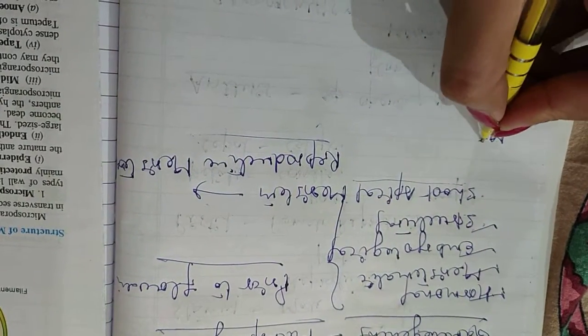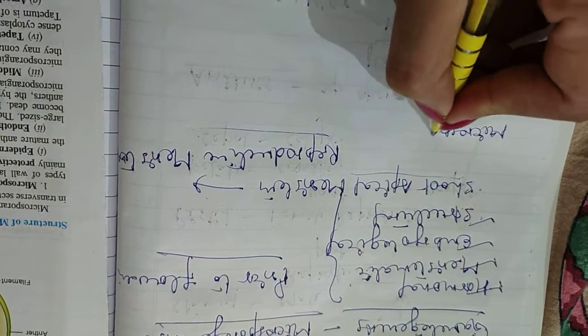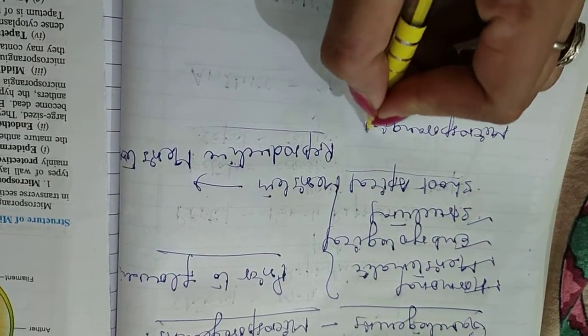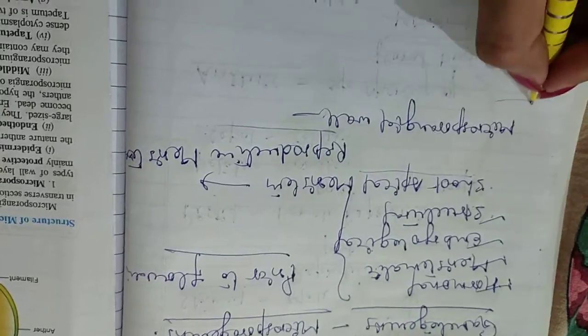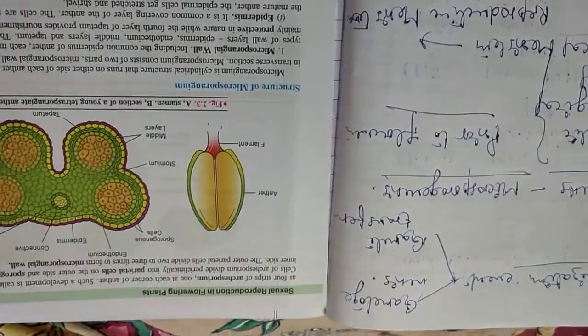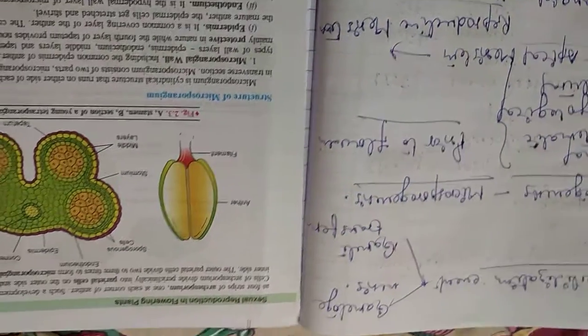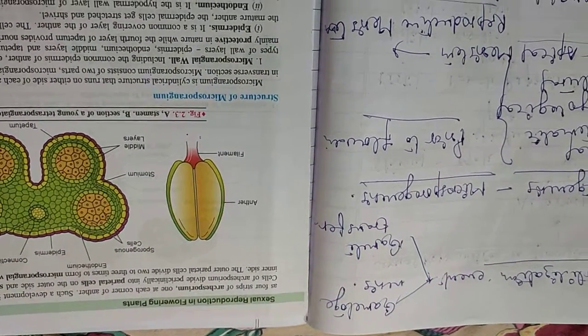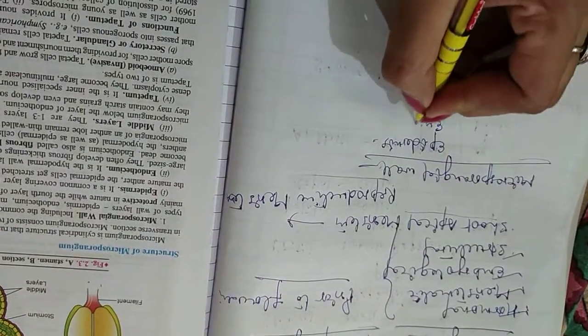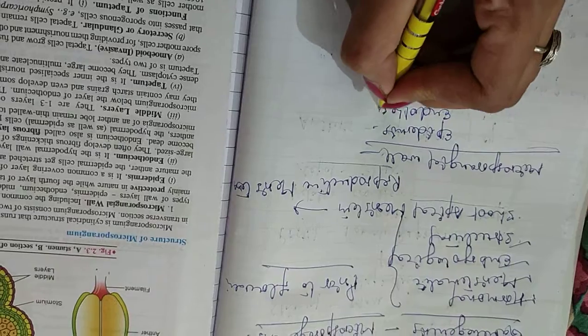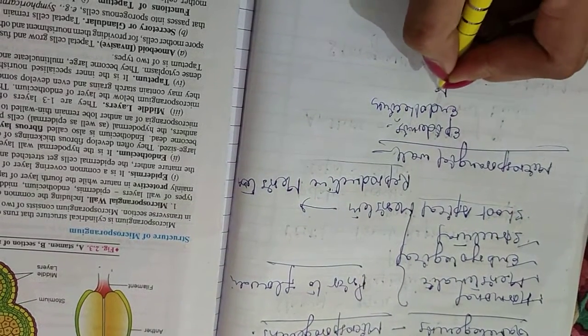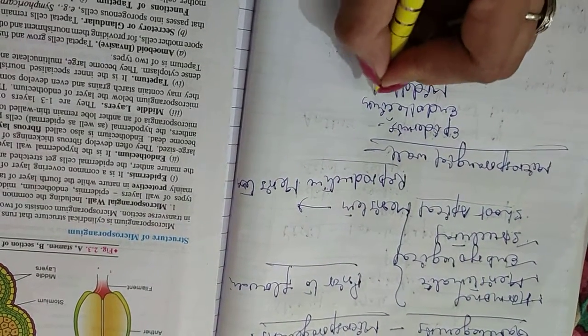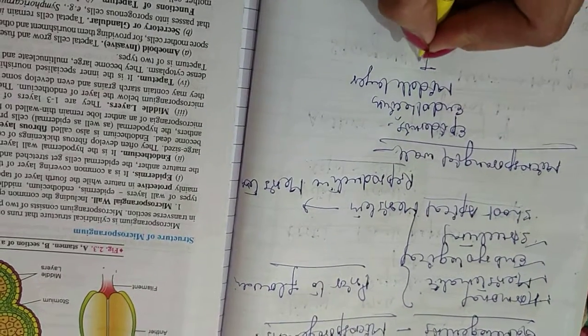So the microsporangial wall, what does it contain? It contains epidermis, endothecium, middle layers, and tapetum.